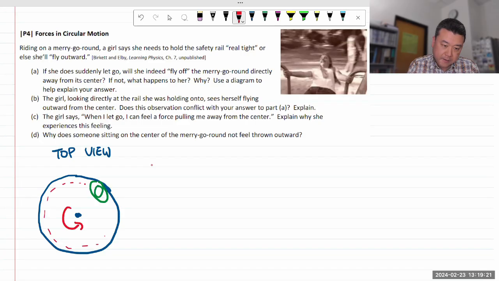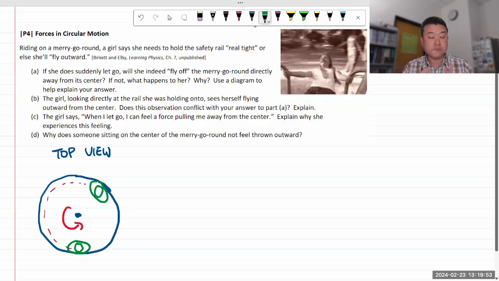Let's just say this girl is spinning on the edge of the merry-go-round, and at some point she will reach this point. So if she does suddenly let go, will she indeed fly off the merry-go-round directly away from its center? Oh wait, this is kind of a bad position to put her in, so let me actually put her over here.